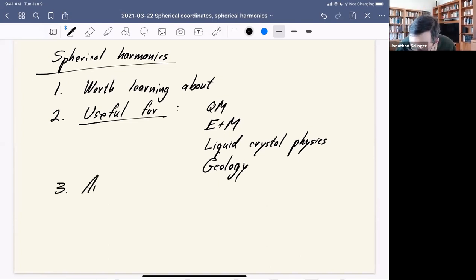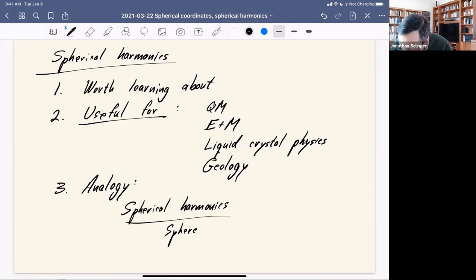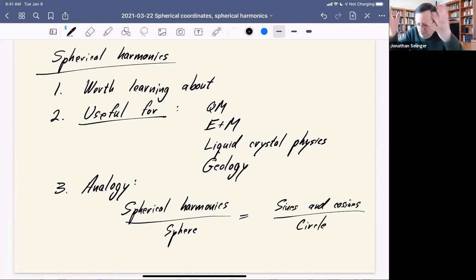Indeed, I'll make an analogy, like one you would see on the SAT or ACT or standardized tests like that. We could say spherical harmonics are to a sphere as sines and cosines are to a circle. So this is like scaling up from a circle to a sphere, which is the 3D generalization of a circle.